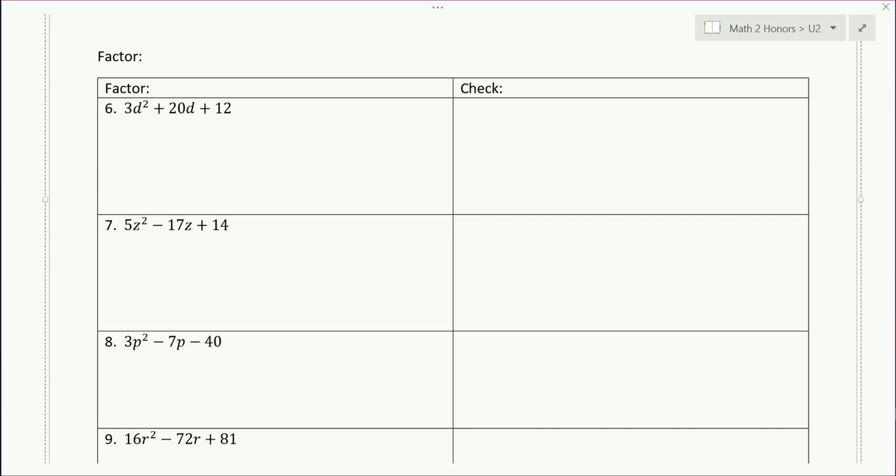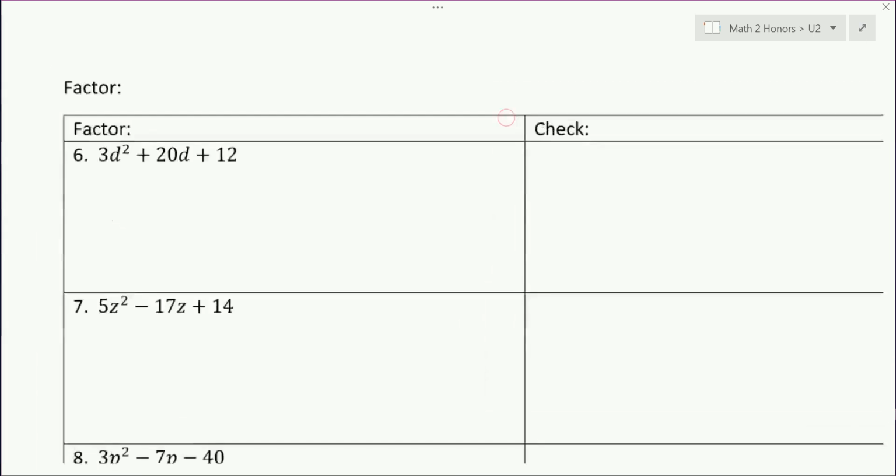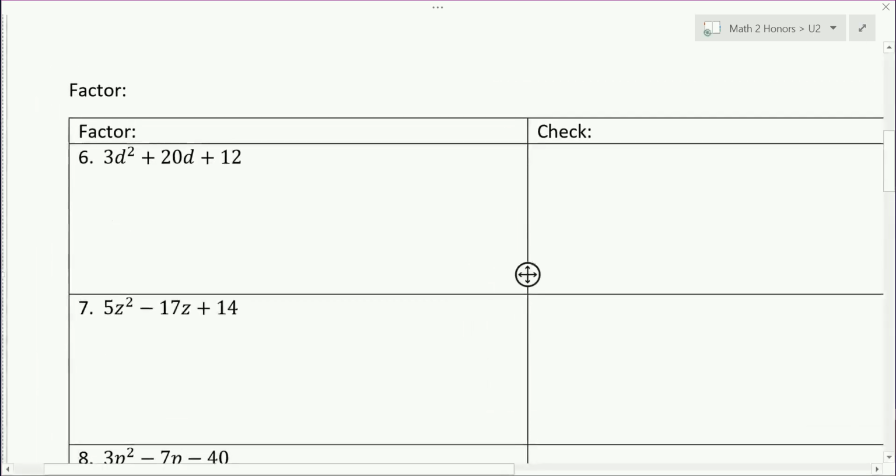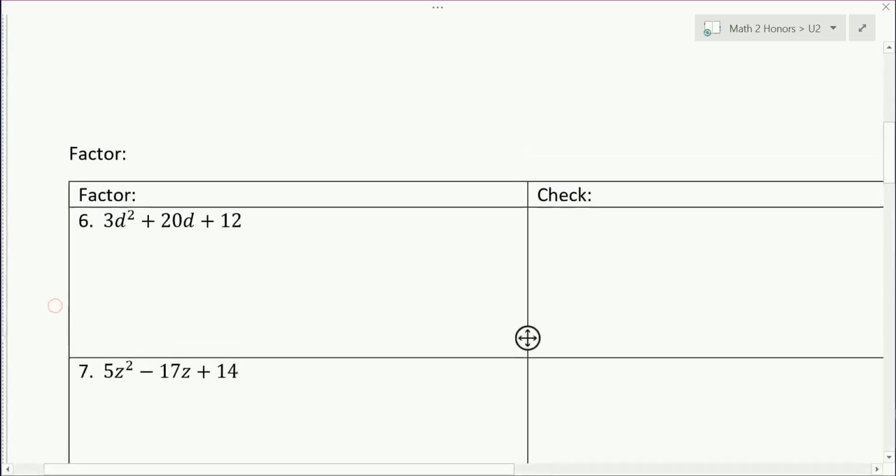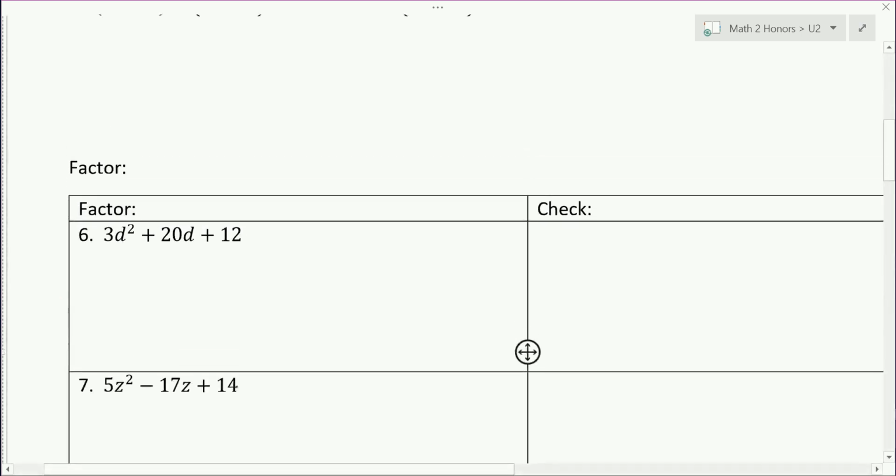Okay. So the first type of factoring is to factor out a GCF. You look at all three terms. We're going to do number 6 together right now. Is there something that all three terms have in common that we can factor out? Other than 1 or itself, yeah.